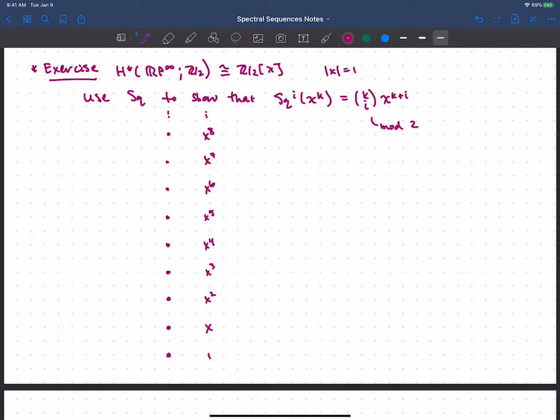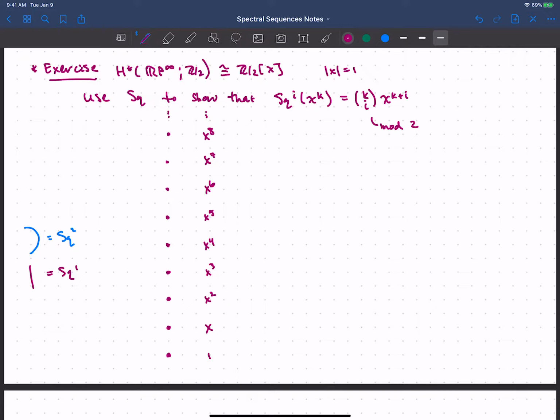I'm going to do the same thing that we did before. So a vertical line is going to mean Sq^1. I'll try to keep track of my colors, but at the very least a curved thing will be Sq^2. And then let's go ahead and work out what that looks like a little bit here.